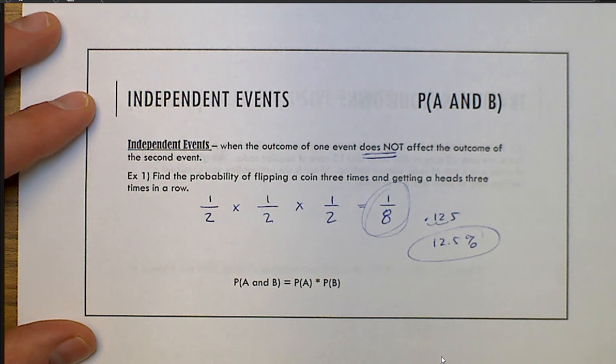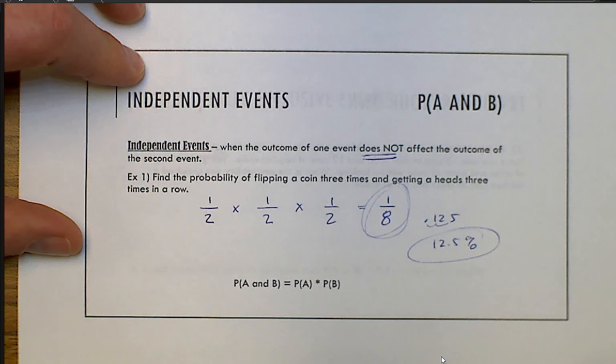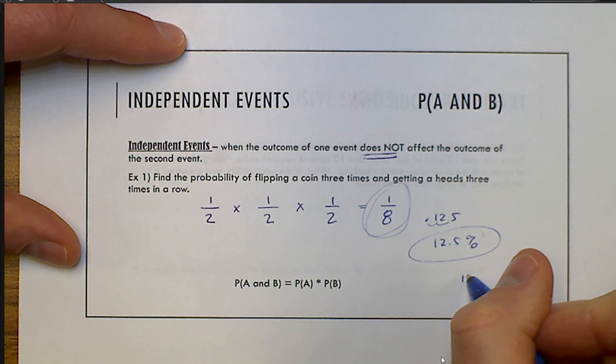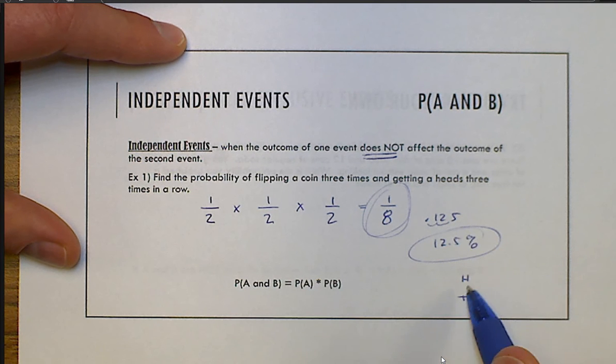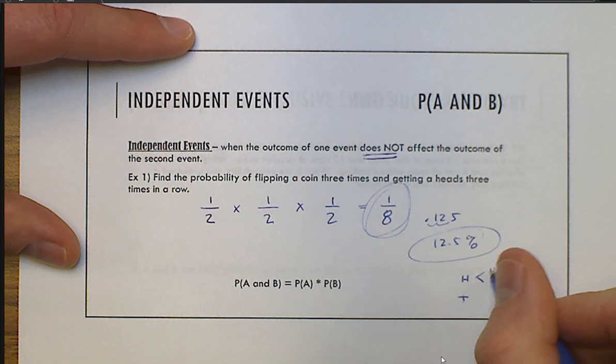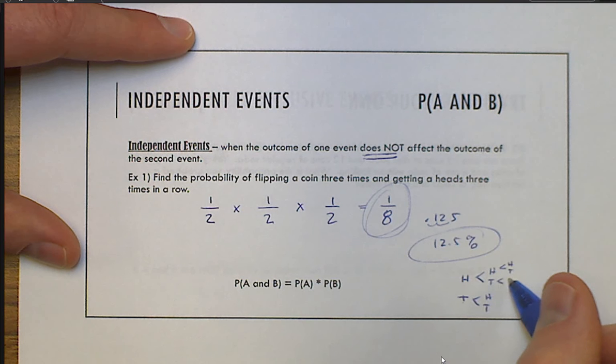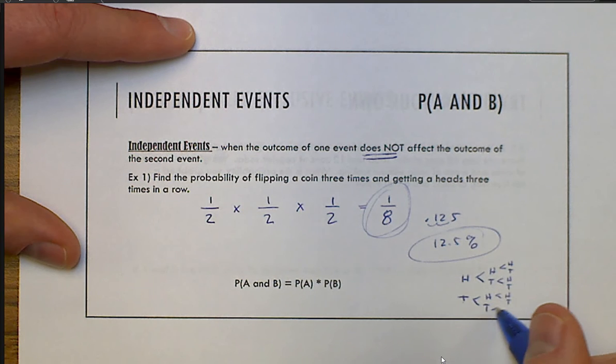Some students like visuals. I'll show you a quick tree diagram so you can kind of see this. On your first flip, you could get a head or a tail. On the second flip, you could get a head or a tail. On your third flip, you could get a head or a tail.